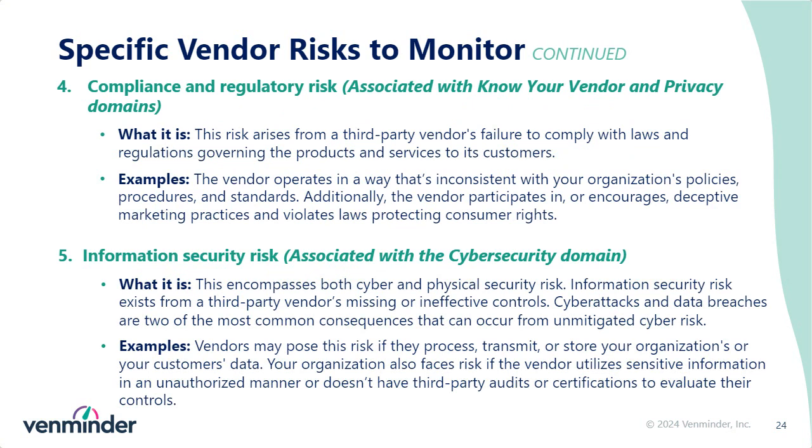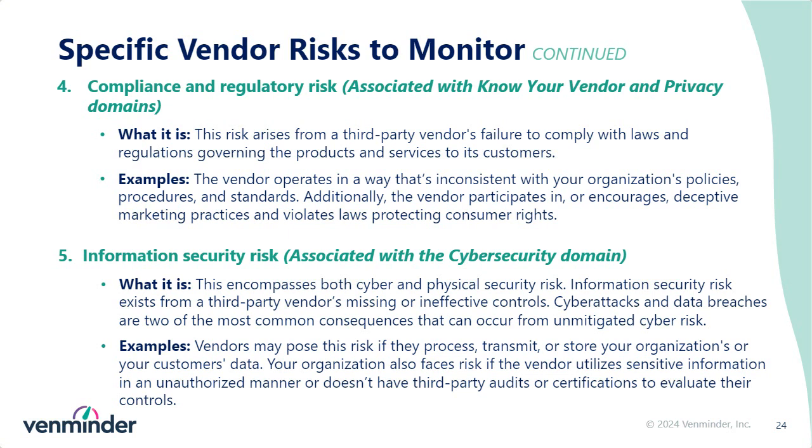Next up is compliance and regulatory risk. This one can be associated with the Know Your Vendor and privacy data domains that I mentioned earlier. So this risk arises from a third-party vendor's failure to comply with laws and regulations that govern the products and services that you are offering to your customers, or the vendor's offering to you.